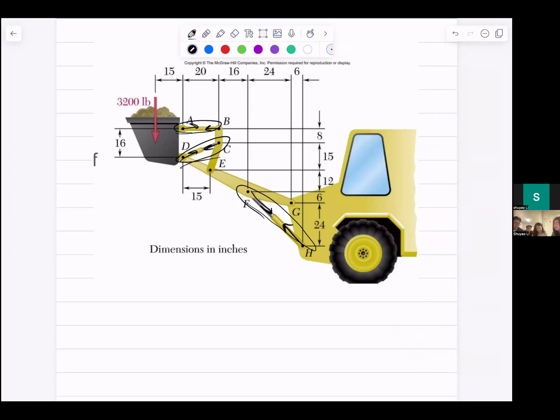The 300 and 3,200. Yes. So I would isolate that and take the two force member. Let's say we wanted to find the force AB.